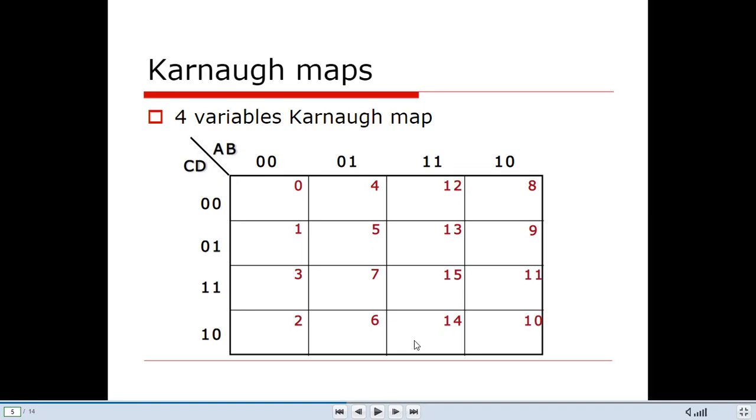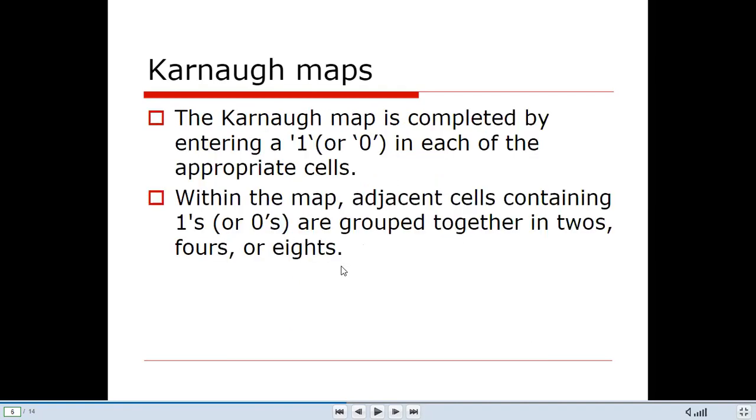The cell numbers are like this: 0, 1, 3, 2, 4, 5, 7, 6, 12, 13, 15, 14, 8, 9, 11, 10. Again, the same as we have seen in the two variable and three variable K-map, the same pattern is applied here. Again, the SOP form or POS form equations are written.